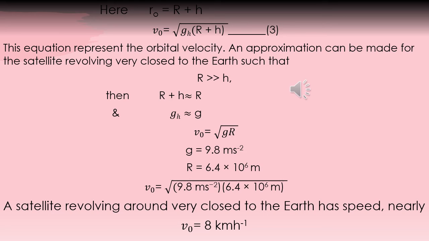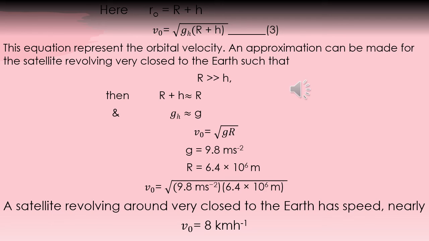An approximation can be made for the satellite revolving very close to the Earth, such that r is much greater than h, therefore r plus h is nearly equal to r, and gh is nearly equal to g. vo is equal to square root of g into r, as g is equal to 9.8 meter per second square, and r is equal to 6.4 into 10 power 6 meters.